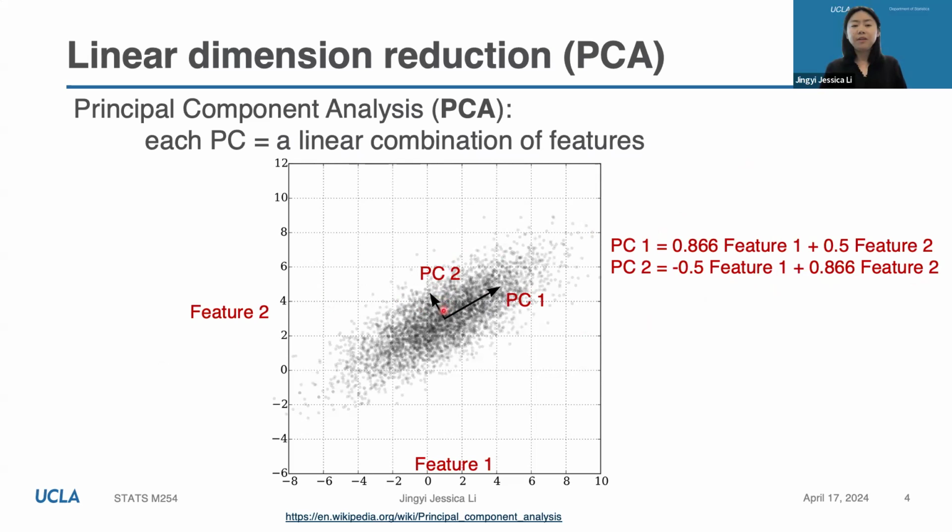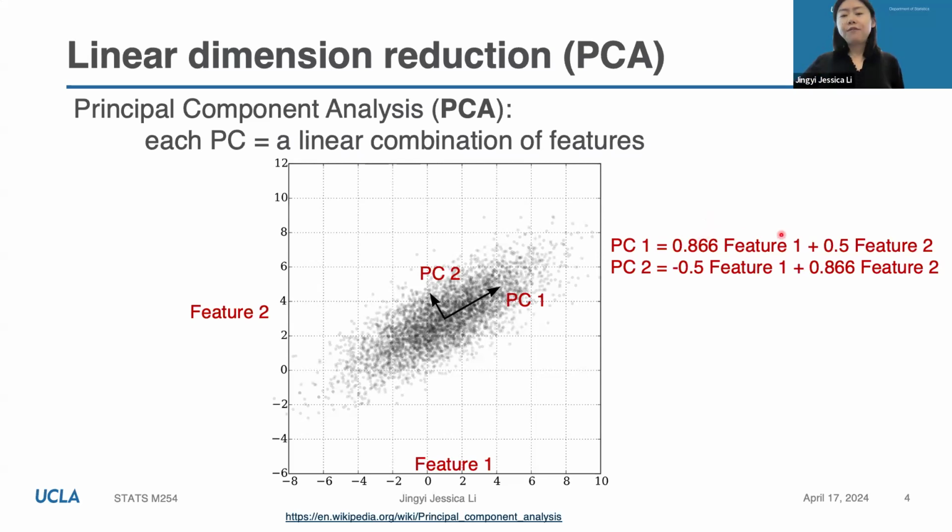But if you keep the sign into consideration, PC2 is positively correlated with feature 2, but negatively correlated with feature 1, right? This is reflected in the sign. So this positive negative correlation, or the positive and negative weights here, also have a meaning.